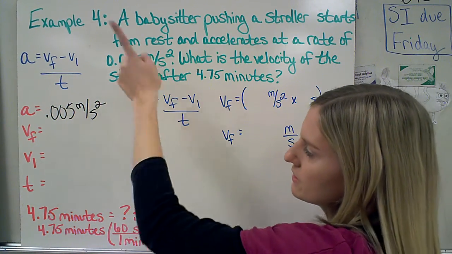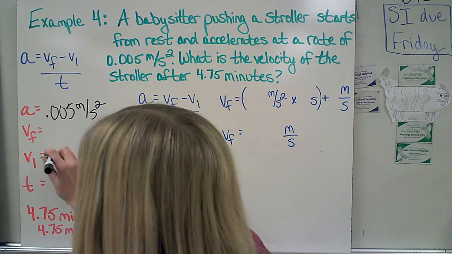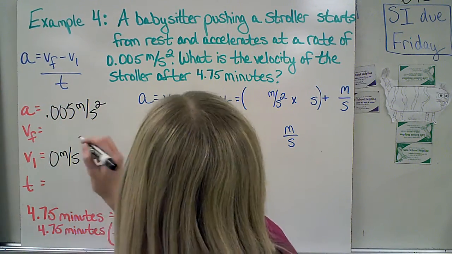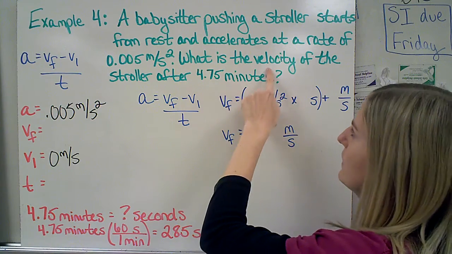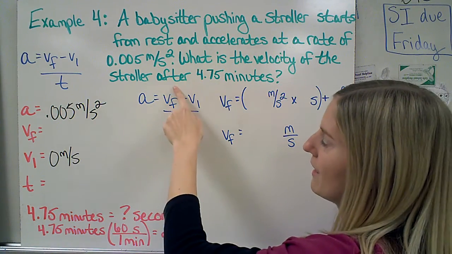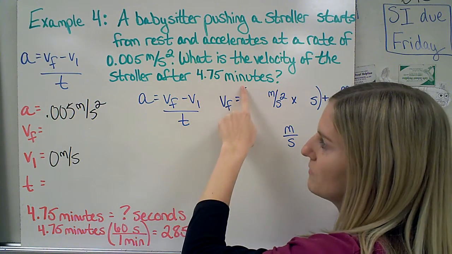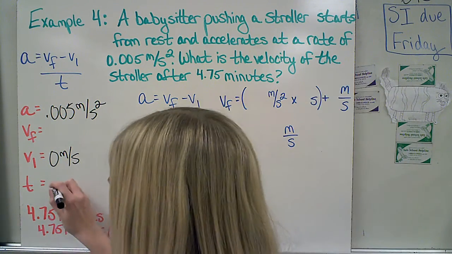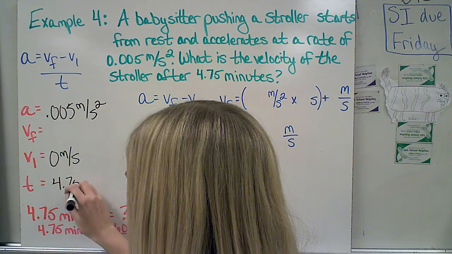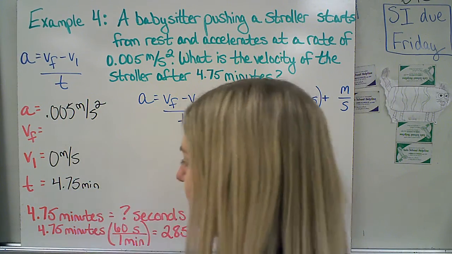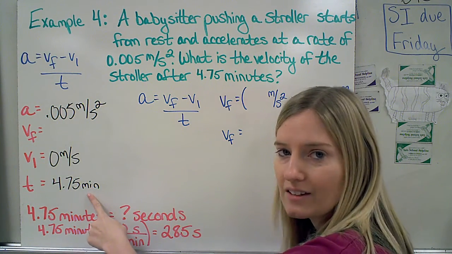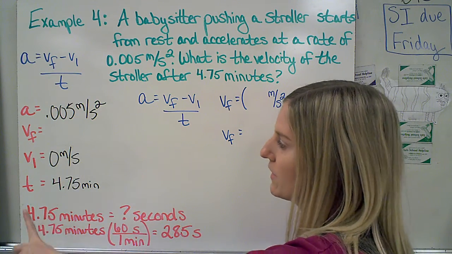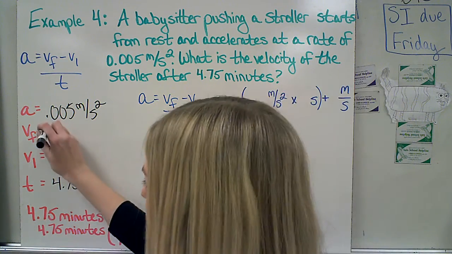Starts from rest, so her initial velocity is 0. What is the velocity of the stroller after 4.75 minutes? So I have my time, 4.75 minutes. Notice this is not in seconds, so we're going to address that down here. What I don't know is final velocity.